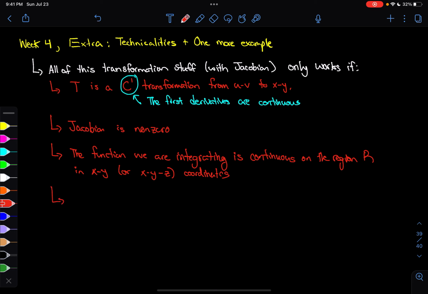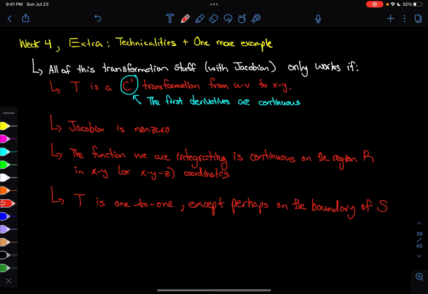And last but not least is that our transformation T is one-to-one, except perhaps on the boundary of S, which exists in our UV land.